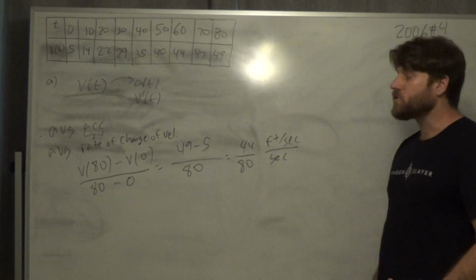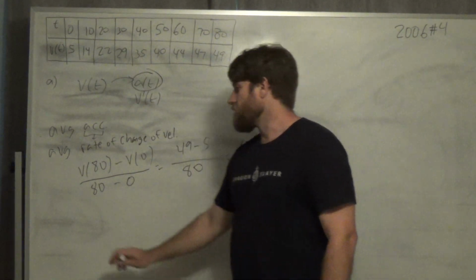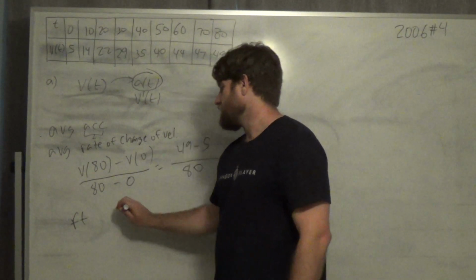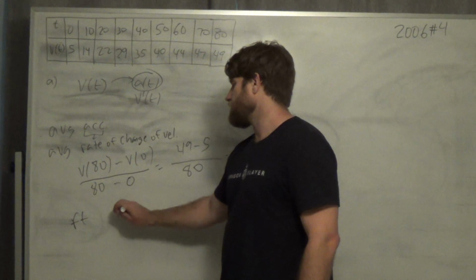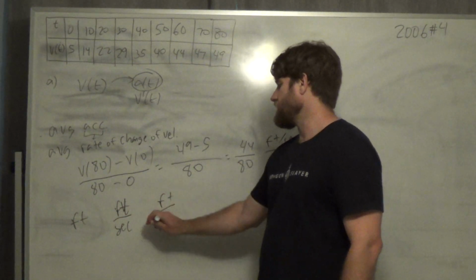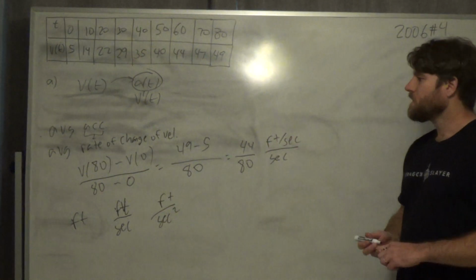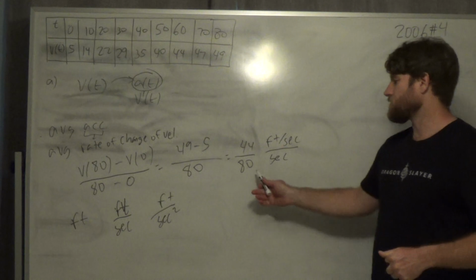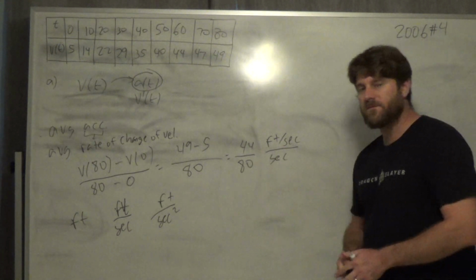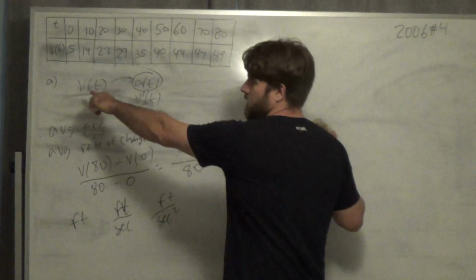This shouldn't come as a surprise because we're talking about the units of acceleration. If position is in feet, velocity is feet per second, and acceleration is feet per second squared, or feet per second per second. This is the answer to part A. You could have simplified it further, but we don't have a calculator, so there's no reason to.